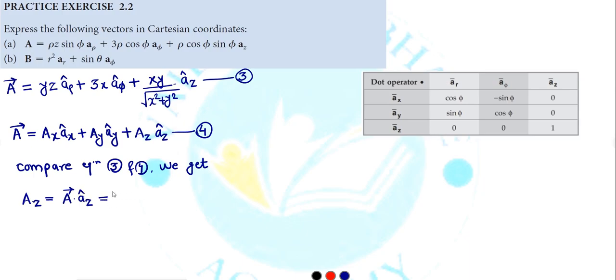So your given vector A is yz a rho cap plus 3x a phi cap plus xy upon square root of x square plus y square az cap, having the dot product with respect to az.